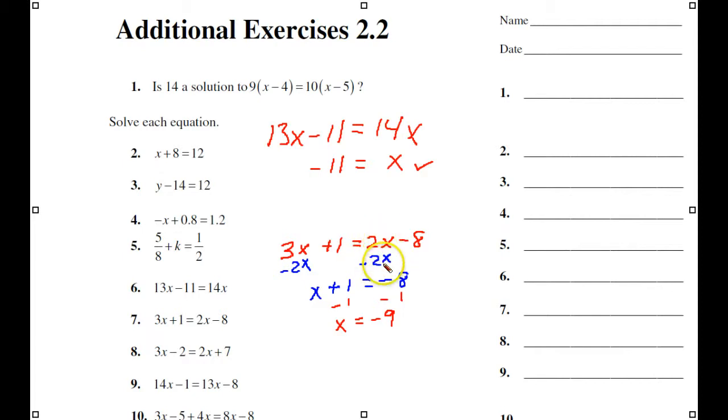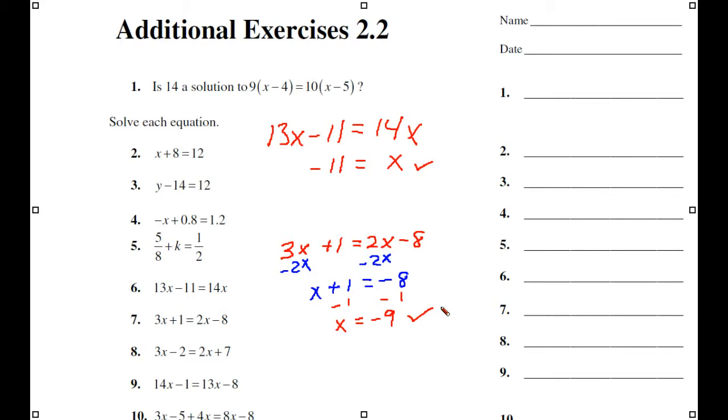That'll make that a 0. And then to keep it balanced, the negative 2x from this side, and you get the x. And then in the next stage, they're going to subtract the negative 1 from both sides, and here they get x equals negative 9, and that is correct.